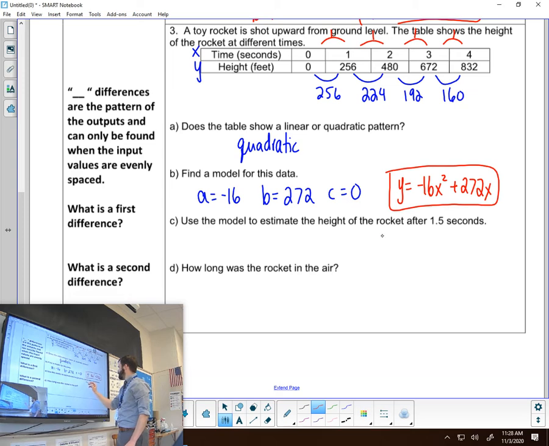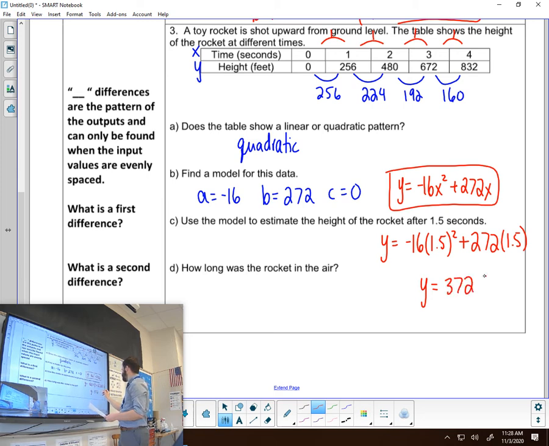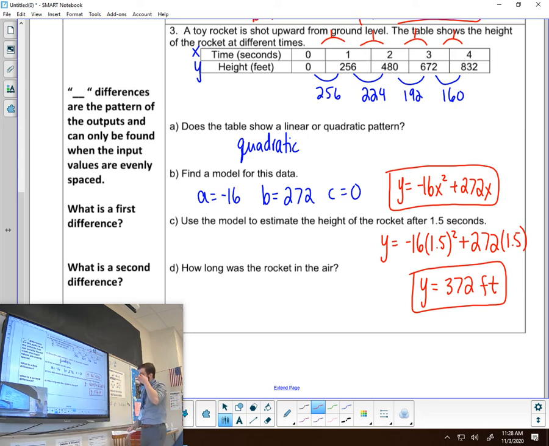I can go y equals -16 times 1.5 squared plus 272 times 1.5. And if I work this out, it's just going to give me y equals 372 feet. So how high is the rocket after 1.5 seconds? It is 372 feet.